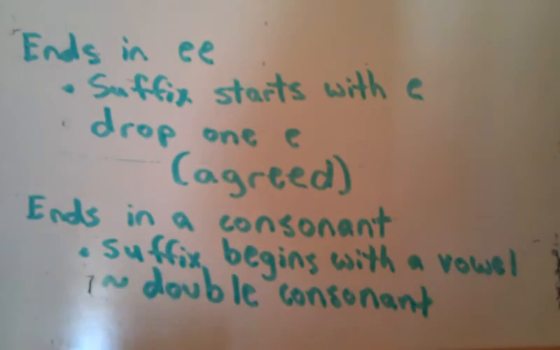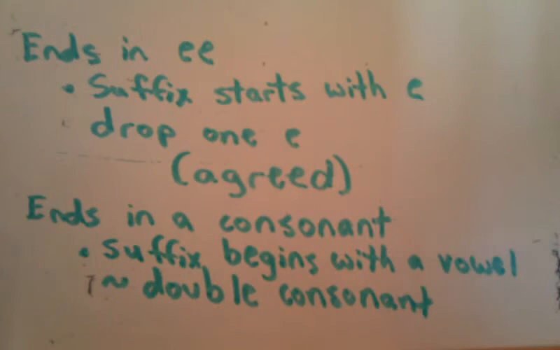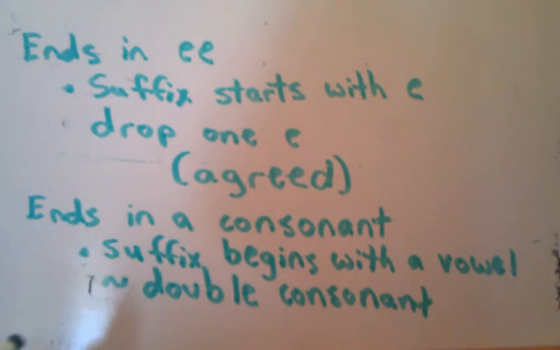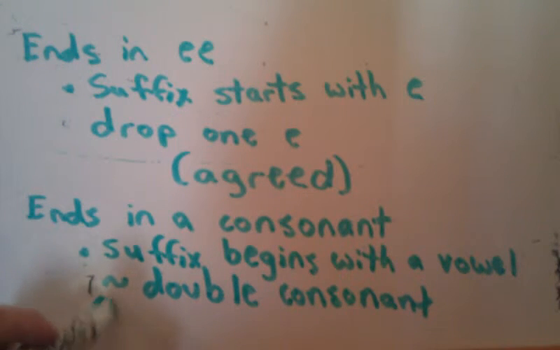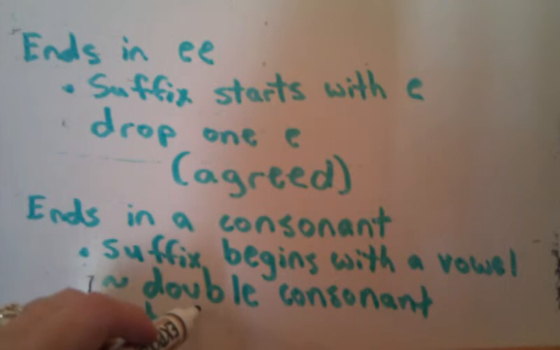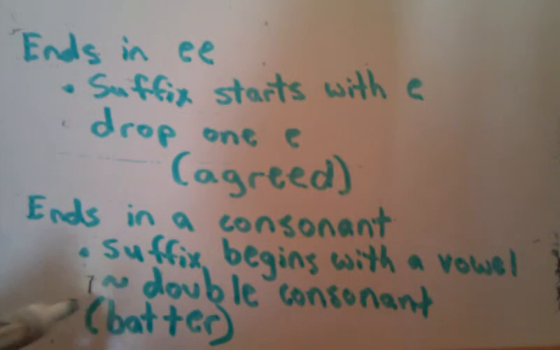For example, bat. If I want to say batter, I'm going to have to double the T before I add the ER. Okay?